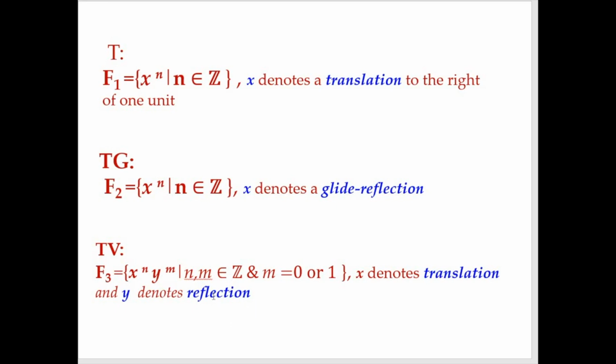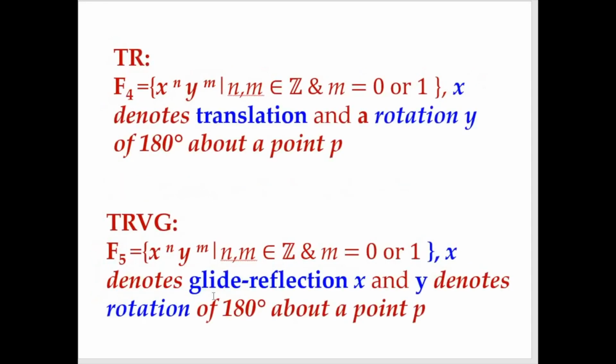So it will be the same translation and reflection. That is your F3. In the same way, we have F4, and we have F5. This is how F4 is represented, and this is how F5 is represented. Here accordingly x and y are defined. Here x denotes translation, y denotes rotation, and here x denotes glide reflection, y denotes rotation, and so on.